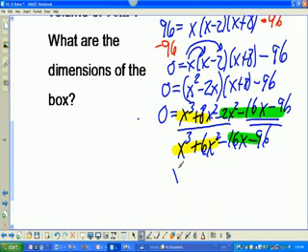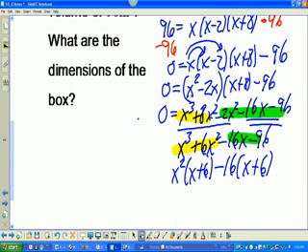Well, x squared does, just like before, except now it's x plus 6, minus, does 16 go into 96? Sure it does, 6 times. So I'm going to factor out a negative 16, and I'll get x plus 6. And now notice that x plus 6 goes into both these terms. If I factor the x plus 6 out, I've got x squared minus 16.